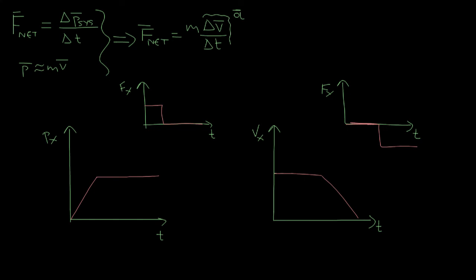Remember that the mass is always a positive number. This means whatever the direction of the net force, delta V is going to point in the same direction. Whatever the sign of the slope is, the net force will have the same sign. Negative slope here, you will have a negative force on the force time graph. So this graph will give me this force, this graph will give me this force.